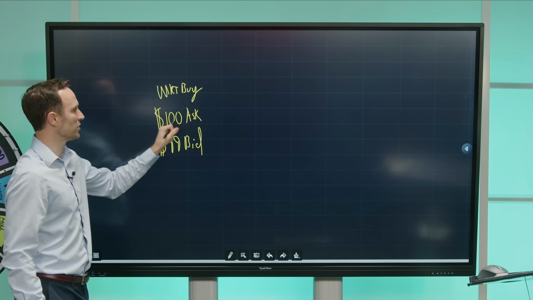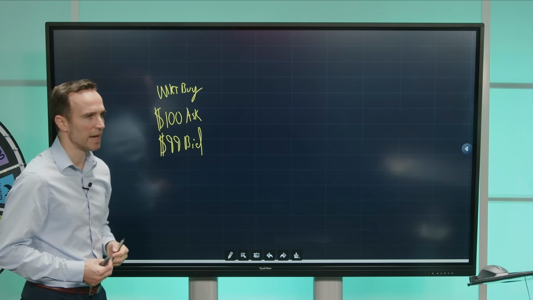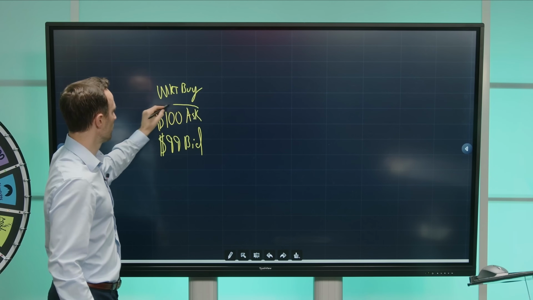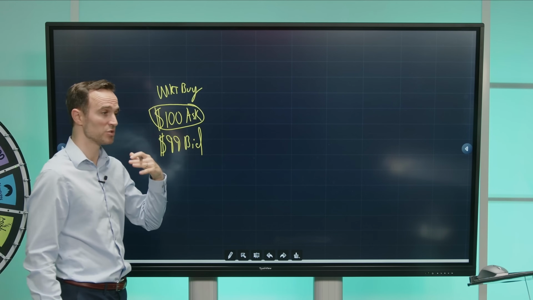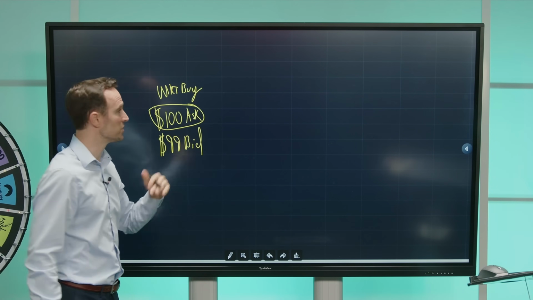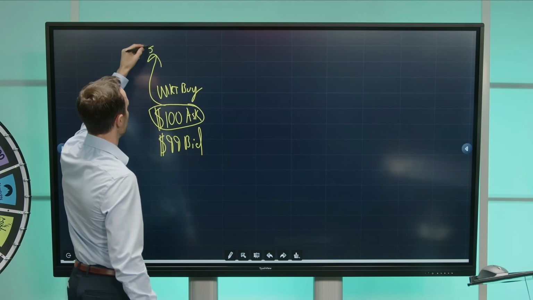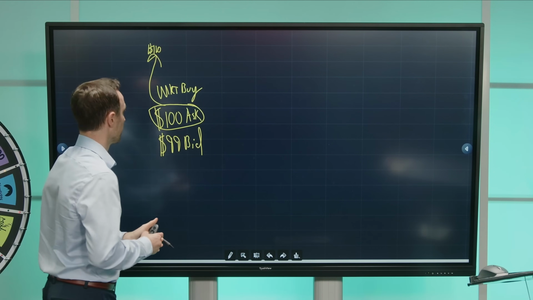So you have your sellers here at $100. But let's say that for some reason, maybe it's a thinner stock, this order gets filled here at $100, and now there's no more sellers until $110. This is really, really important to understand.